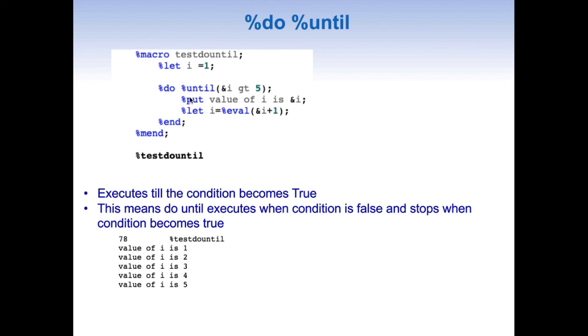It will loop at least once. This is something very different than what we have in %do %while. Say if the i is 6, it will still loop once and then only it will come out.